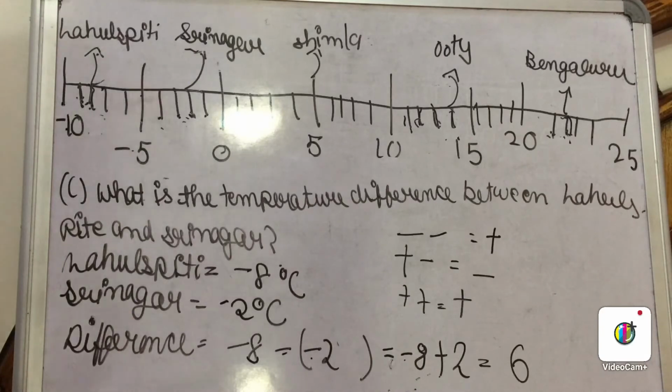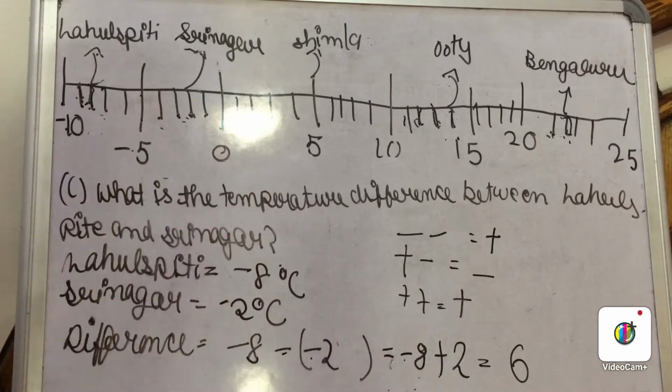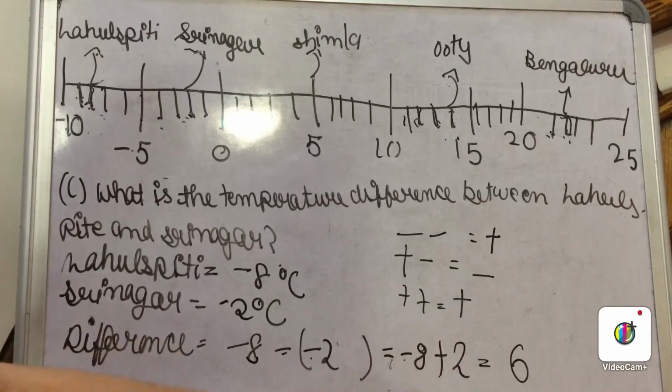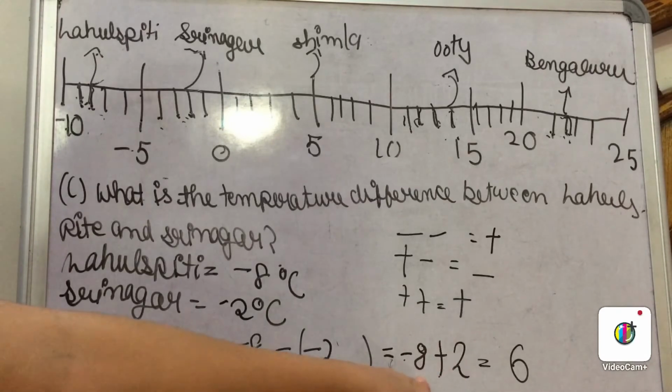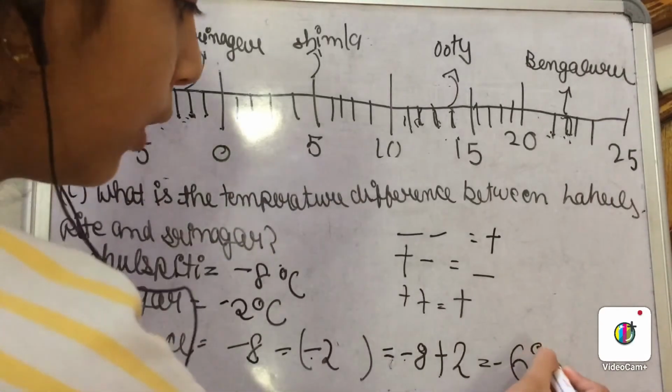So how will you find it? Of these two numbers, is 8 bigger or 2 bigger? Obviously 8 is bigger. So what is the sign in front of it? Because 8 is bigger, the sign in front of it is minus, so the temperature difference will be minus 6 degrees Celsius.